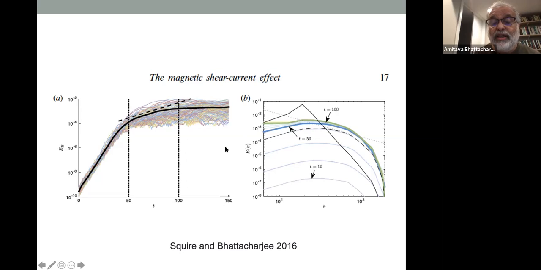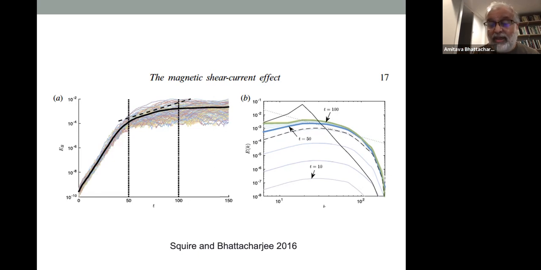And if you look at the energy, what you find is that after the small scale dynamo has saturated, it begins to drive large scale growth in the system. And the large scale magnetic field grows after the small scale magnetic field fluctuations, the kinematic dynamo or the fluctuation dynamo, have already saturated.